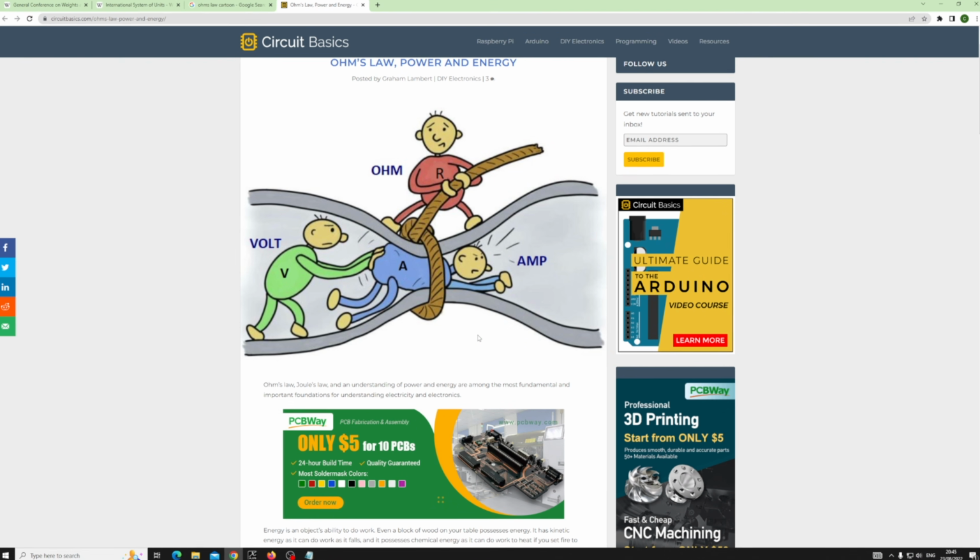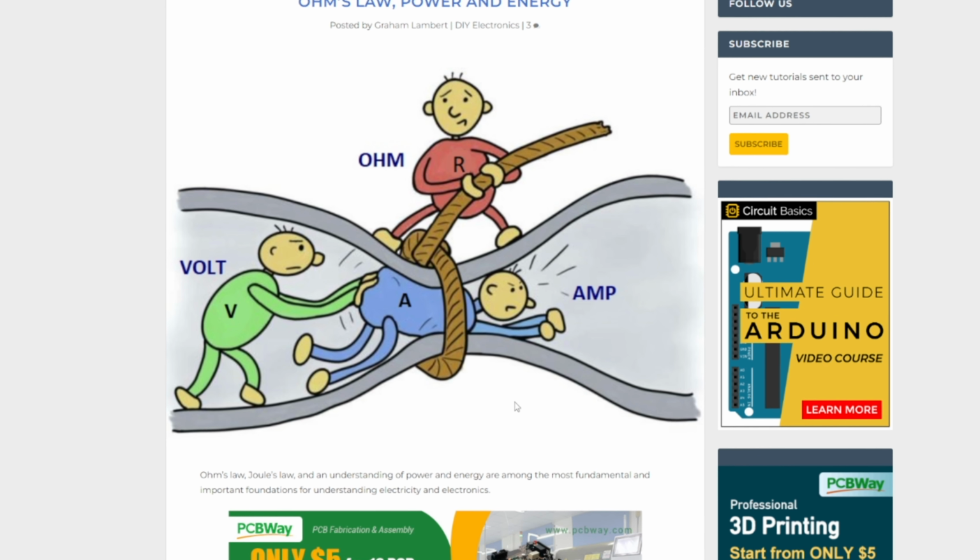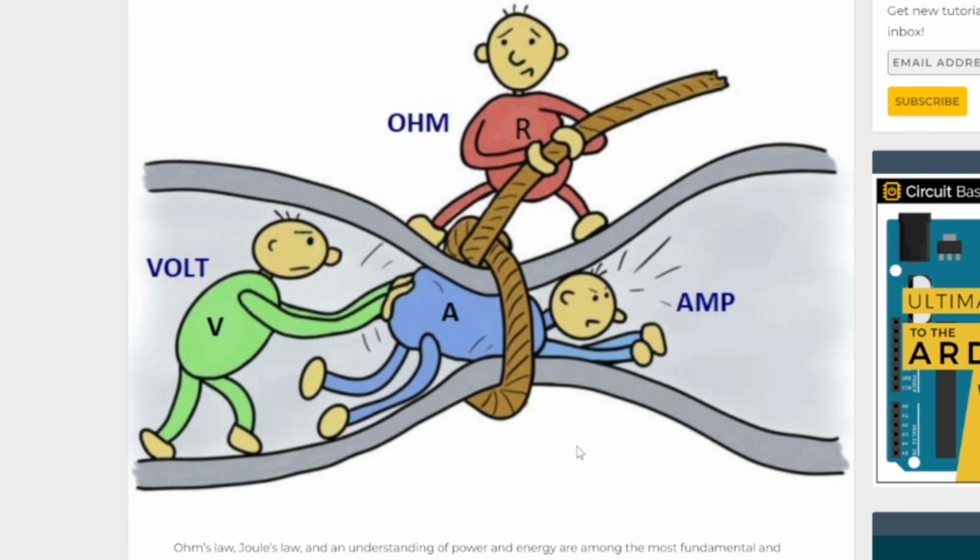There's a relationship between all three, and we're going to do that on the next video when we come to Ohm's law. But effectively, volts is the amount of pressure in the circuit. The amps is the amount of current and how much is physically going through, and that's restricted by resistance.